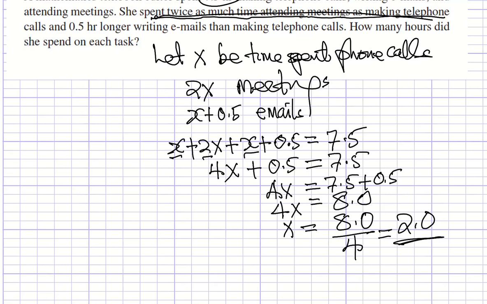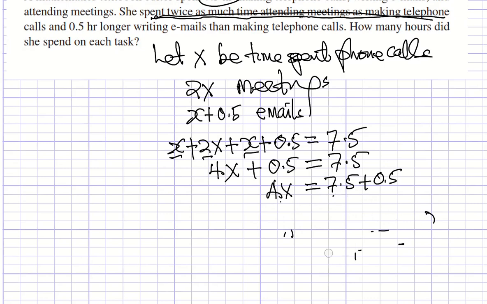Wait a minute. Oh no, I made a mistake. Sorry. Forget about this. I told you when I get tired, I start making mistakes. I just caught it now. Remember, when you move the term to the other side, it's not plus here, it's negative 0.5.